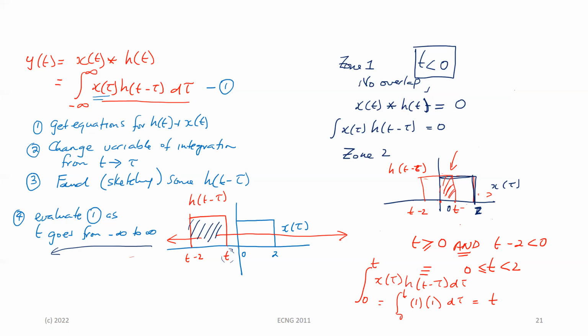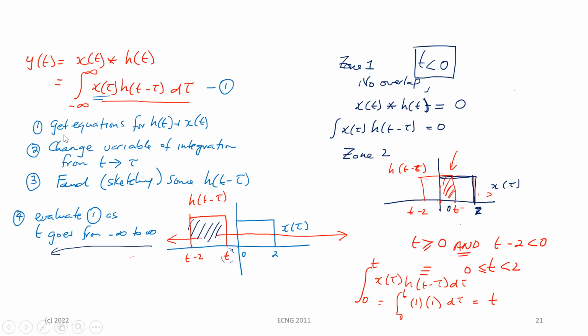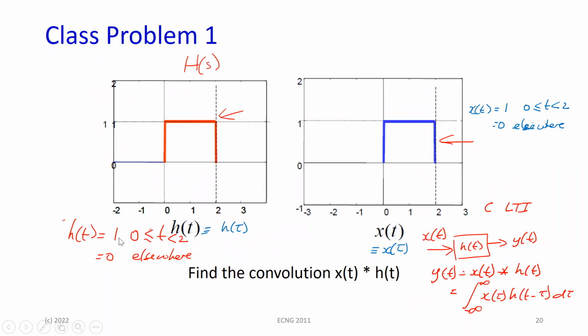So how did you resolve x tau and h of t minus tau to 1 again? Right. You go back here. You remember the first thing that you had to do, step 1, get equations for h of t and x of t. All right. h of t is 1, between t equal to 0 and 2. x of t is 1 between t equal to 0 and 2.